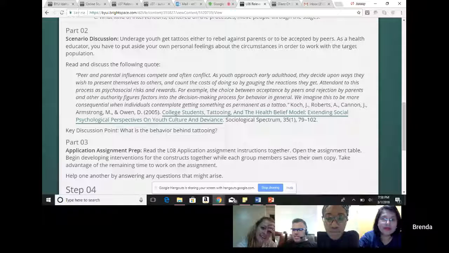As youth approach early adulthood, they decide upon ways they wish to present themselves to others and count the costs of doing so by gauging the reactions they get. Attendant to this process are psychosocial risks and rewards. For example, the choice between acceptance by peers and rejection by parents and other authority figures factors into the decision-making process for behavior in general. We imagine this to be more consequential when individuals are contemplating getting something permanent, such as a tattoo.